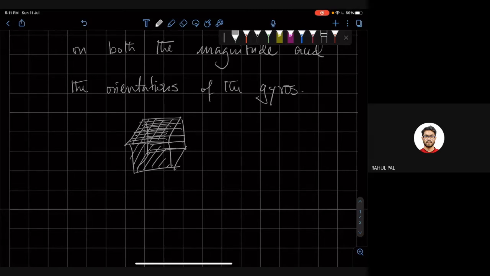The question is, suppose I give you a box in which there is a spinning gyroscope, and therefore the gyroscope has some angular momentum, and I give you the closed box, and we are assuming that the gyroscope is attached in such a way that it's not going to be moving around from its point of rotation.